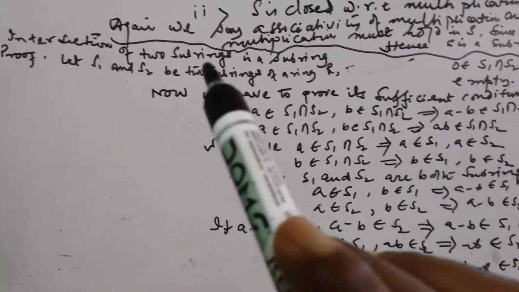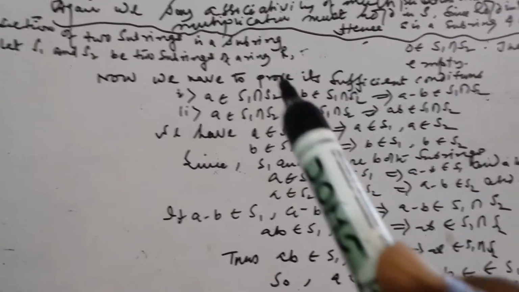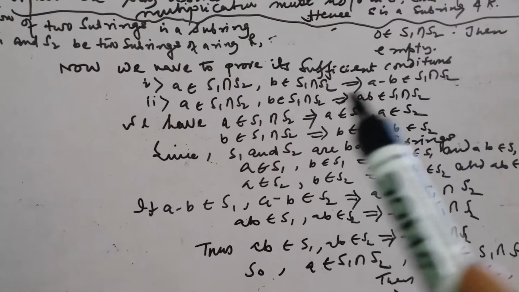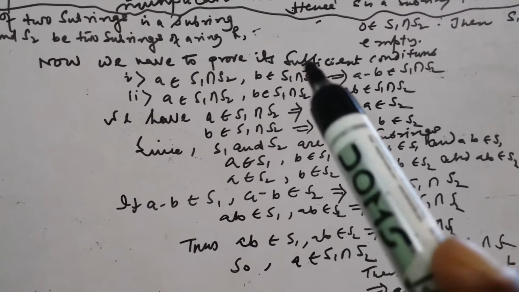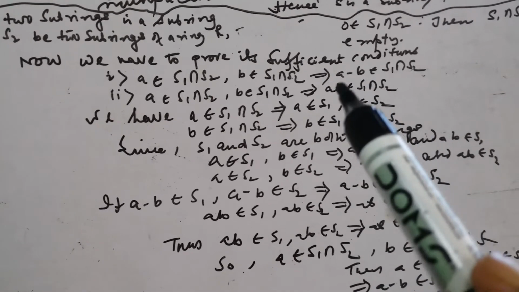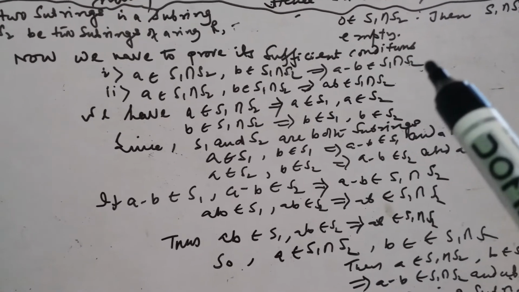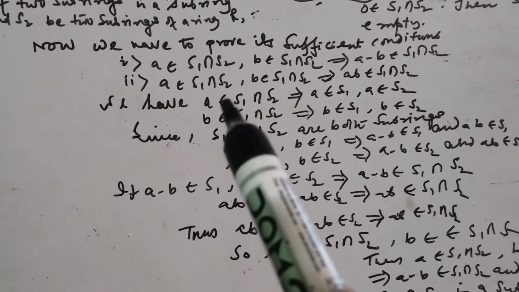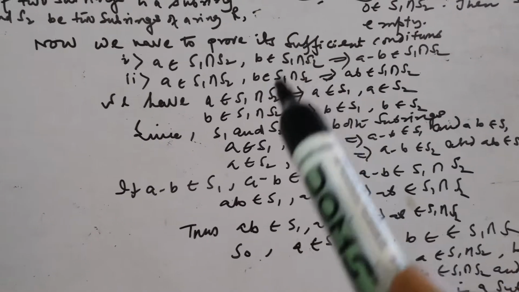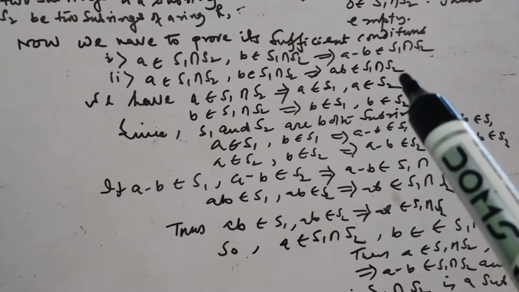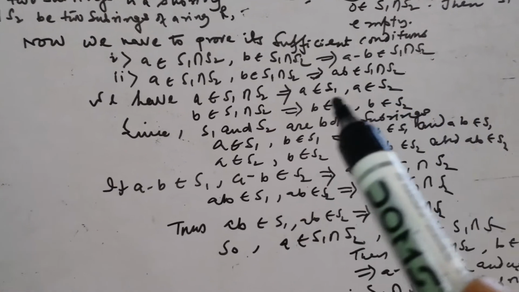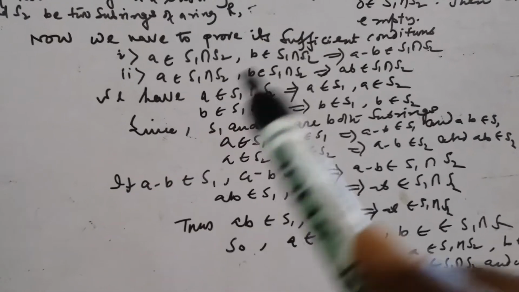So the intersection of two subrings is a subring, and we have to prove these two conditions. Number 1, A belongs to S1 intersection S2, B belongs to S1 intersection S2, then A minus B belongs to S1 intersection S2. Number 2, then AB belongs to S1 intersection S2. So we have to prove this.